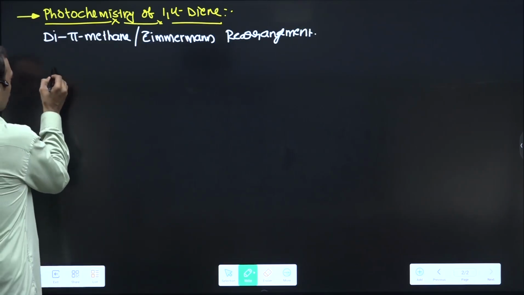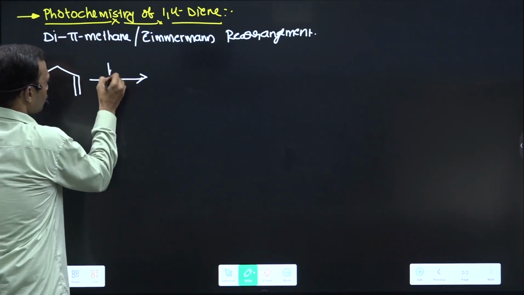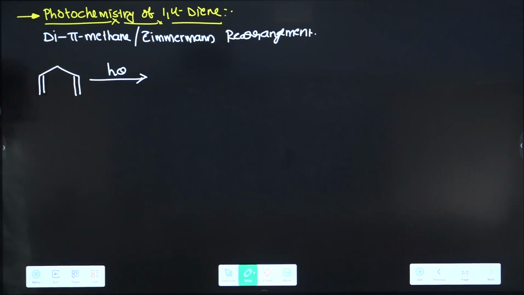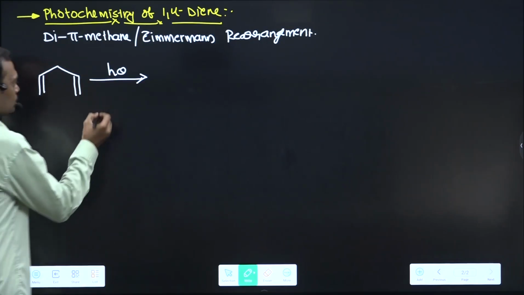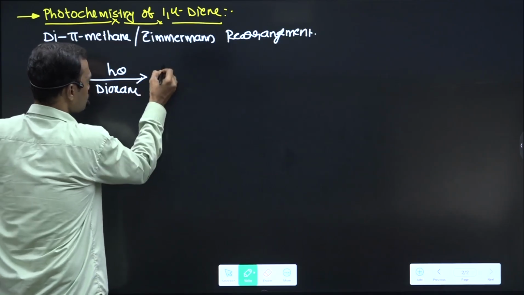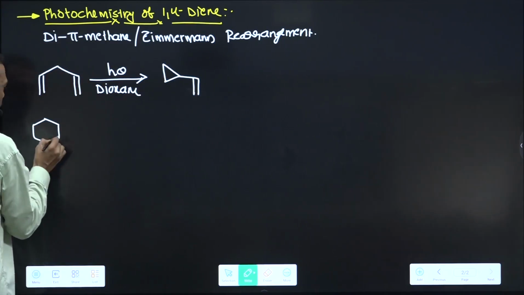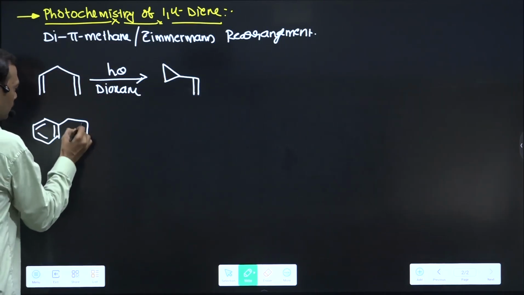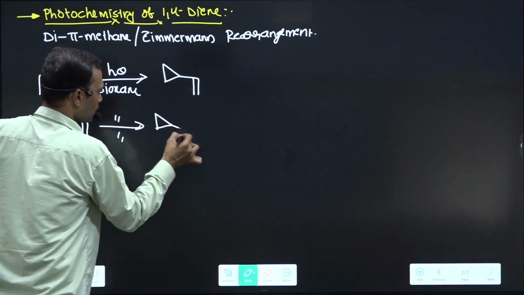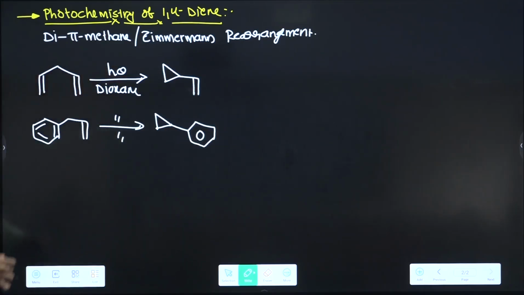Okay. So here this is a di-pi. Photochemically I am irradiating. Dioxane is a solvent. So here you may expect a vinyl cyclopropane. If I take any aromatic ring and here a double bond, photochemically the same cyclopropane attaches to the aromatic ring, aryl cyclopropane.